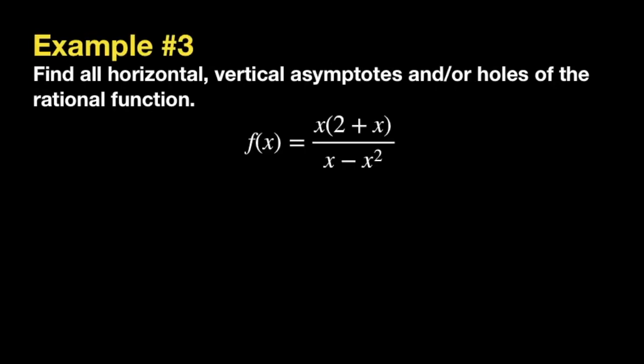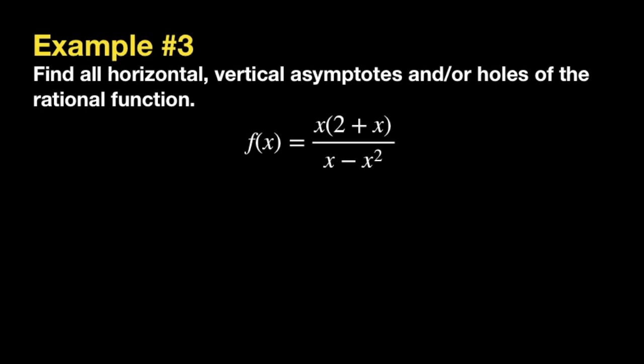So in this case, we're going to be paying attention to three different things. We have horizontal, vertical, and we are also going to be looking for holes. The way that this is written is slightly different because this is not simplified. So it may get a little confusing when you're finding the horizontal asymptote.